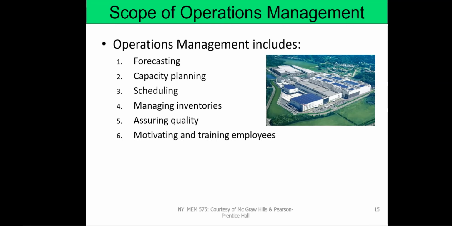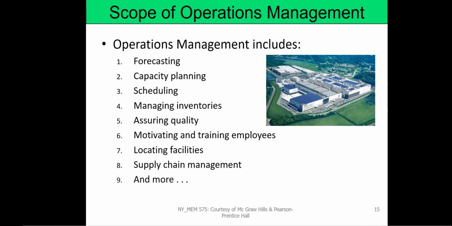We also have human resources, how to motivate and train the employees. We also go into the location of facilities, where is the best location, and then the supply chain, and there's lots more. When you go for your practical training in industry, if you are involved in manufacturing, you will see some of this scope.